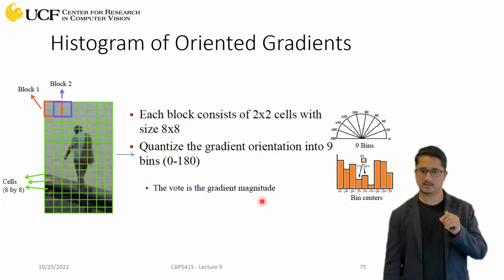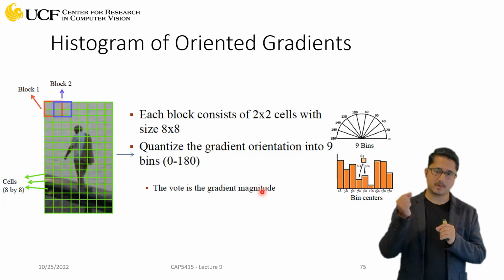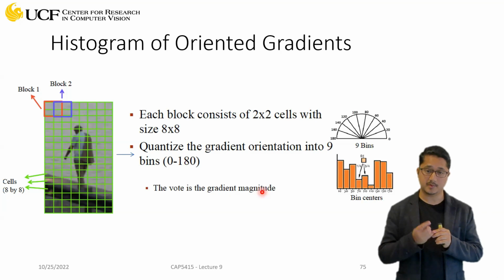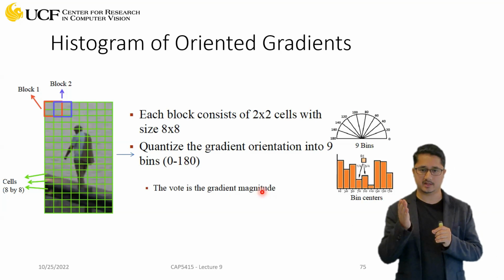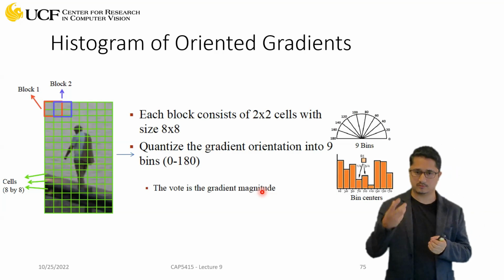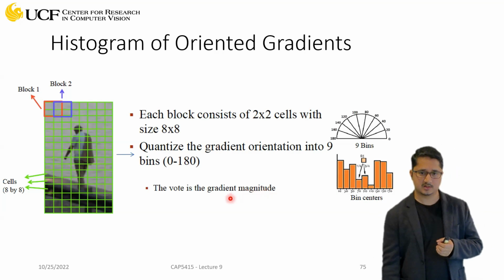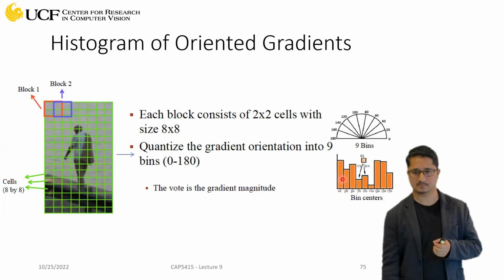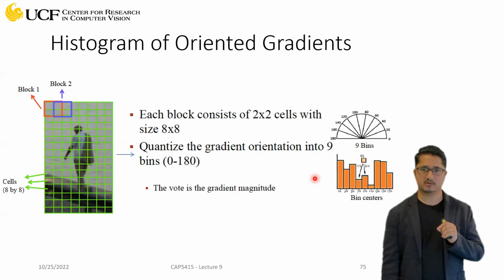Because for an edge, magnitude also plays a very important role. If the magnitude is pretty high, it means it's a strong edge, right? And if the magnitude is low, then it's a weak edge. So we take that into account, and we use this gradient magnitude to vote, and that vote will go into these bins. Okay, so let's try to understand with one concrete example here.